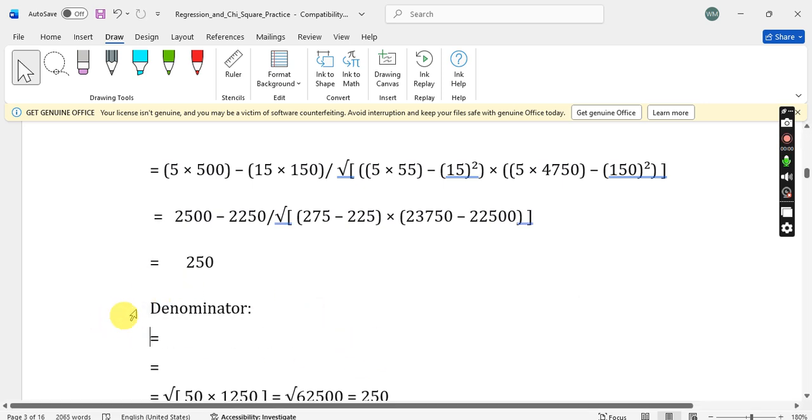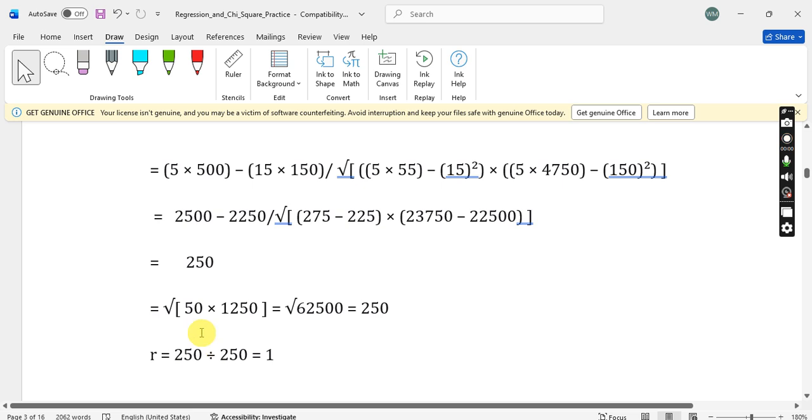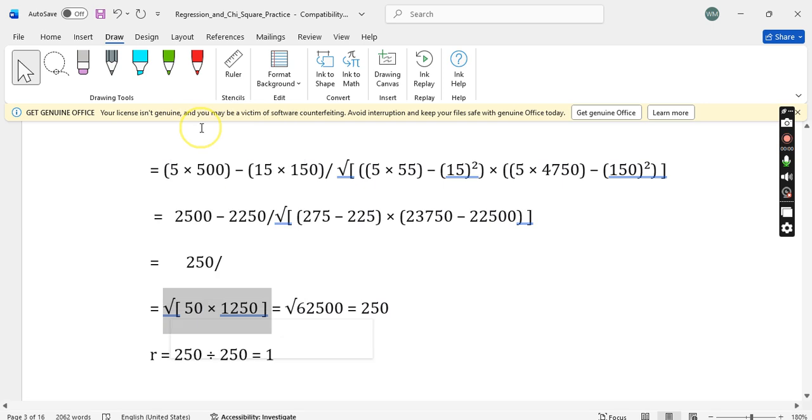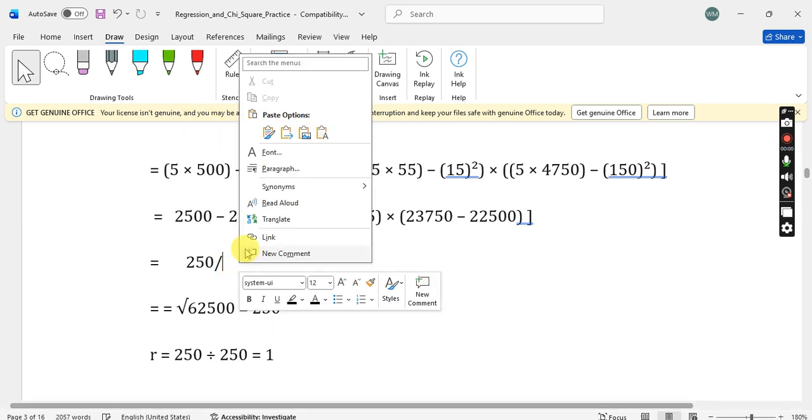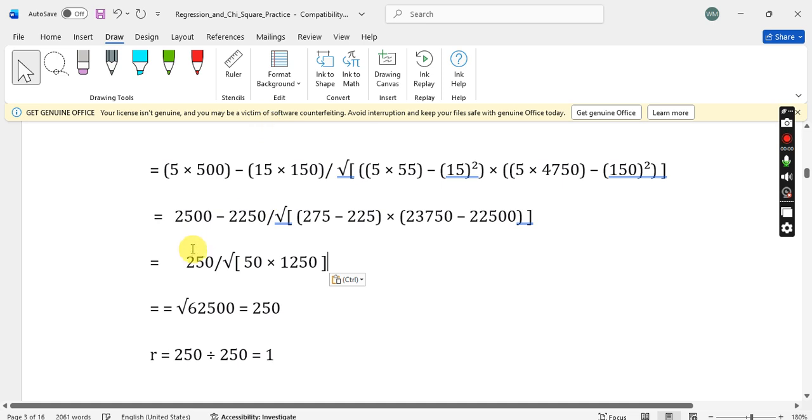So now on the numerator we get 250. On our denominator, when we multiply and subtract, 275 minus 225, we get 50. 2,750 minus 2,500, you get 1,250.